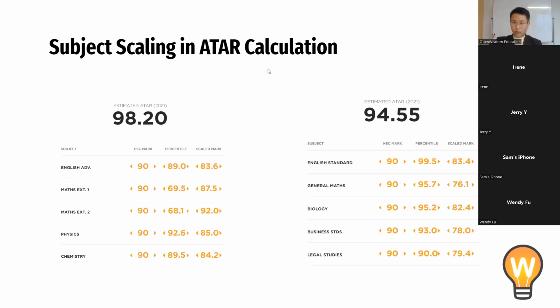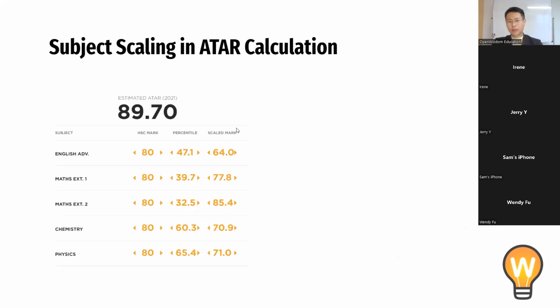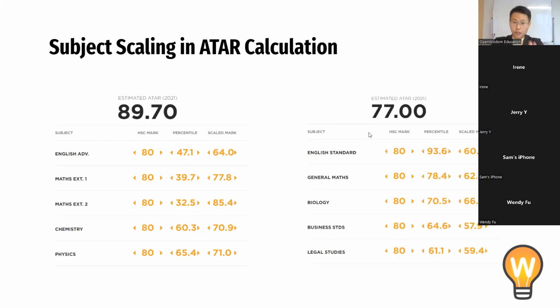So 90 for every single subject, they differ by about 4. All right, so the review: this student who achieved 80 across all the medium/low scaling subjects would only get an ATAR of around 77.